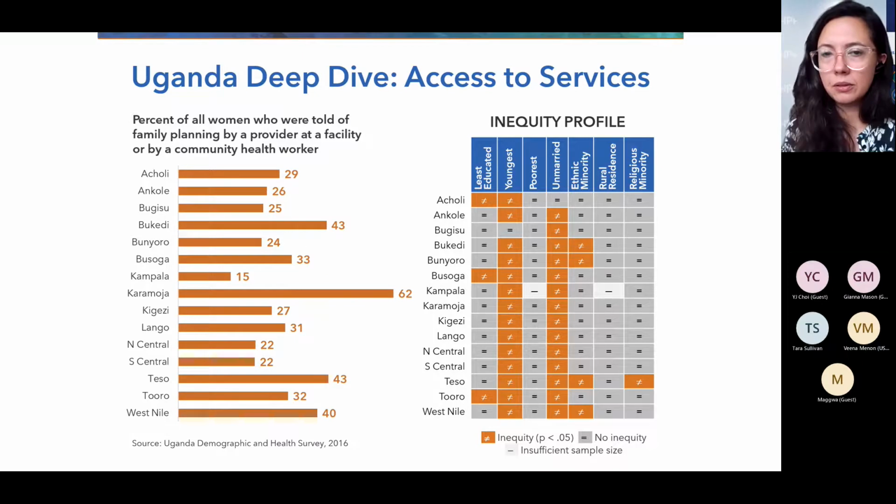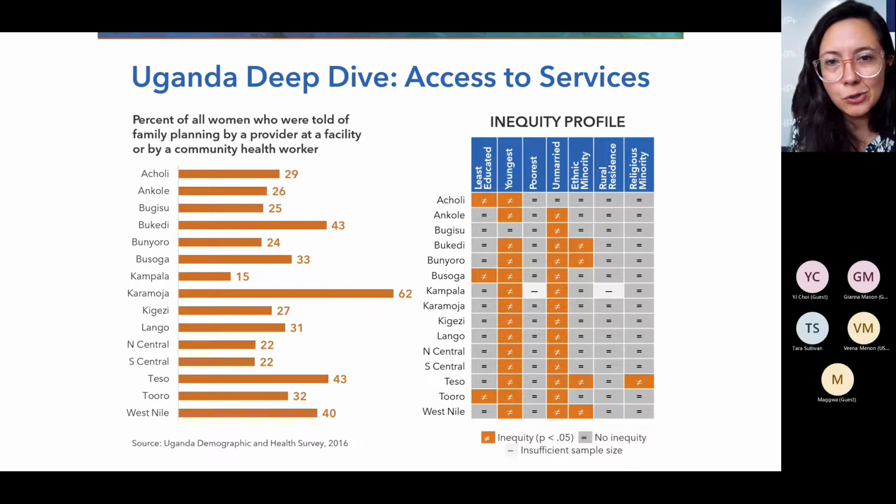And this is a table that you can create using the results that come straight out of the model. There's actually a more rudimentary version of this table that is an automatic output for you, so you can even use that if you don't want to beautify the presentation much more than what you're able to get in R. So focus your eyes on the columns. Where is the concentration of orange here? You can see that in the case of Uganda, it's under youngest and unmarried.